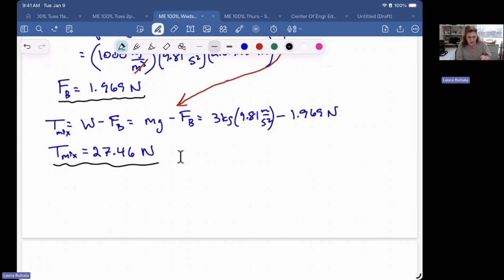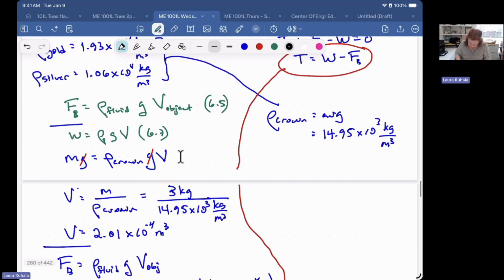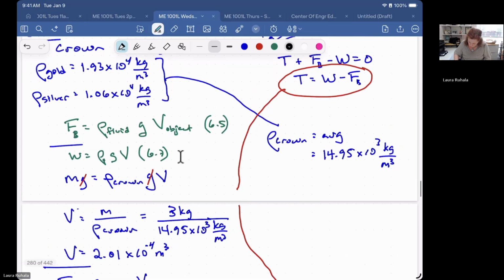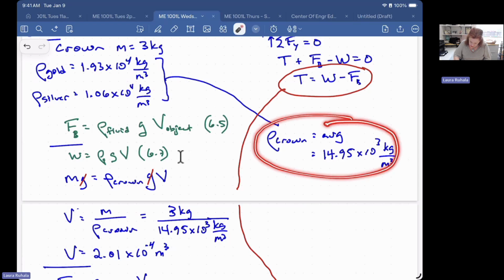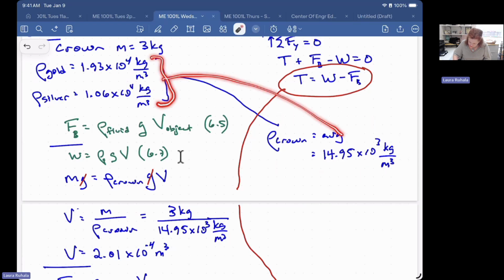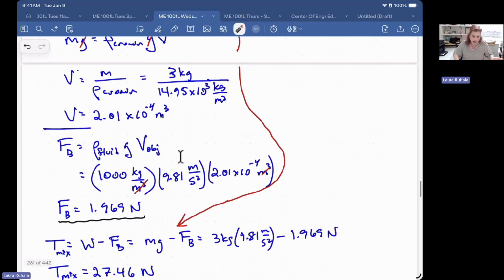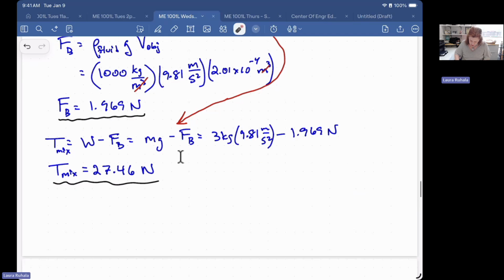But if we repeat this, instead of using that mix density, which I called the density of the crown, just the average of gold and silver, which I used over here to get the volume, and then the volume gave me the buoyancy force, and then I found the tension, that's the tension of the mix.